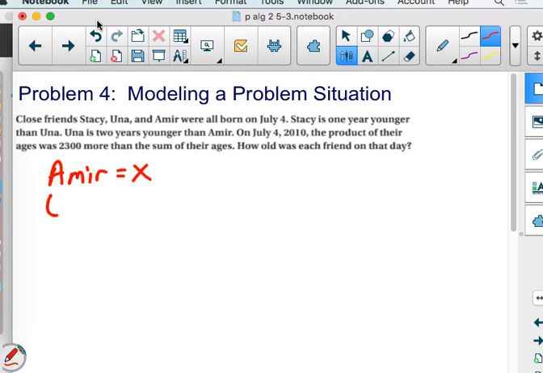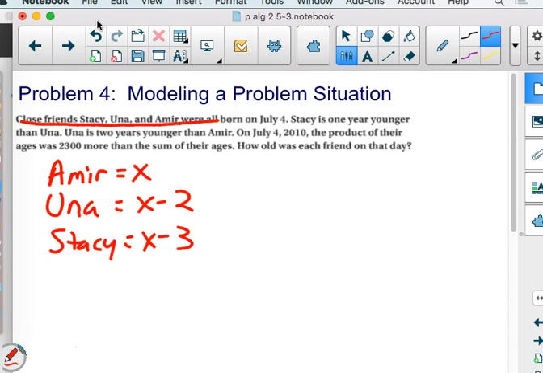Subtract 2. Stacy is 1 year younger than Una. So what do we do to Una's age to get Stacy's age? Subtract another one, so it'll be x minus 3. So far we've used up all the information. Okay, so now we're here.